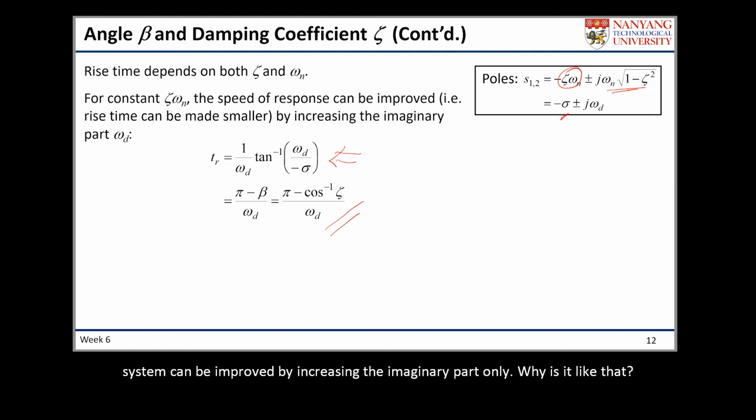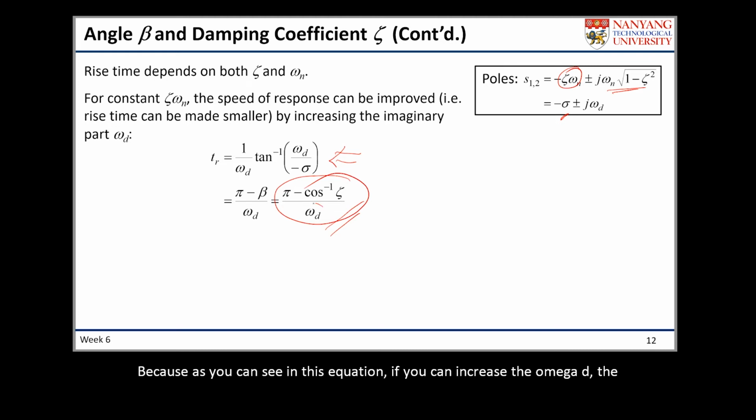Why is it like that? Because as you can see in this equation, if you can increase the omega d, the imaginary part, your rise time will drop, which means the response of your system will become faster.